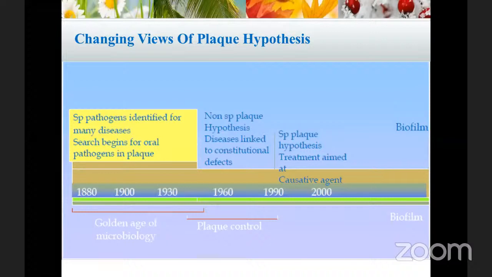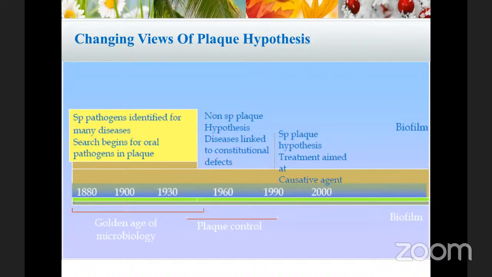That means the more plaque, the more chances of disease. The amount of plaque determined the degree of inflammation or disease.